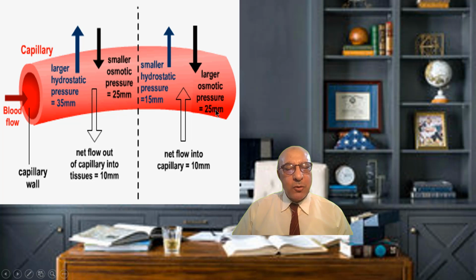And still the oncotic pressure of the plasma protein, mainly albumin, is 25. So at the distal or venular end of the capillary, the difference between the hydrostatic pressure and the osmotic pressure is in favor of absorption of fluid.